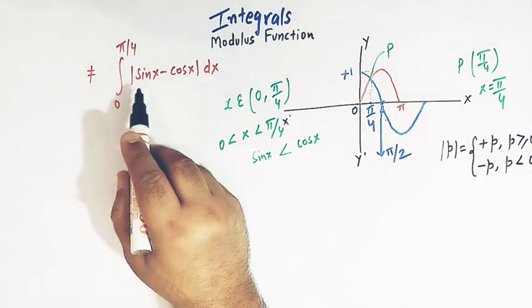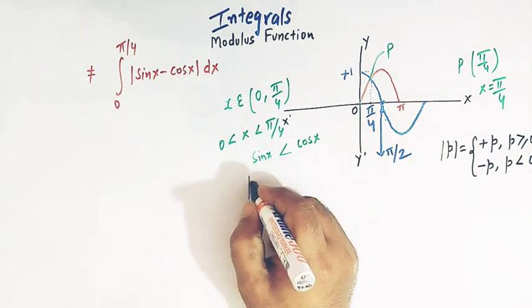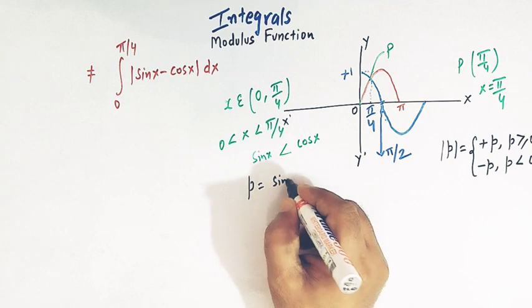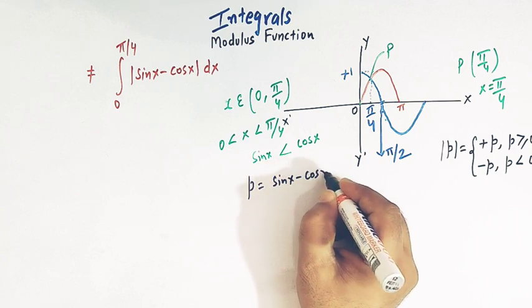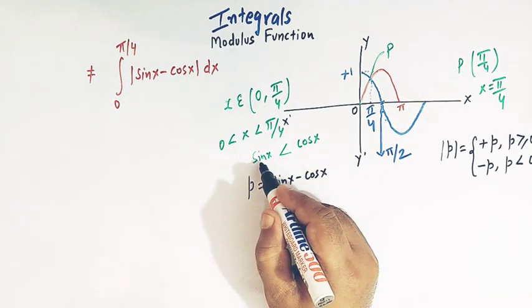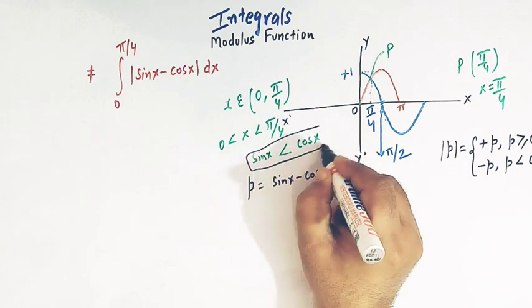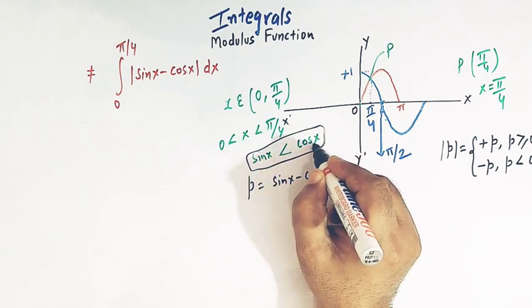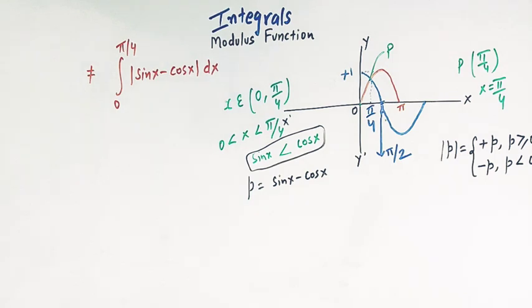Now if we take p as sine x minus cosine x, we have this inequality, sine x is less than cos x for this interval 0 to pi by 4.